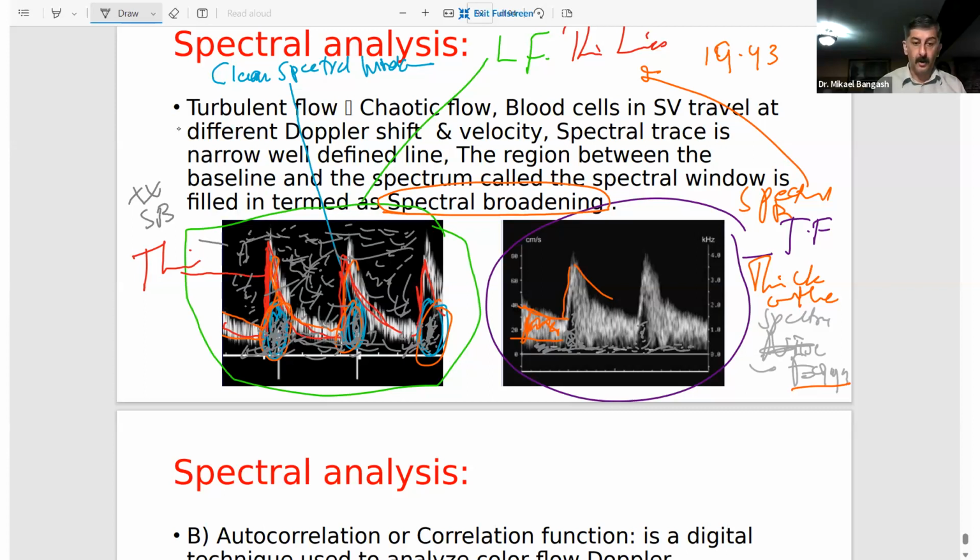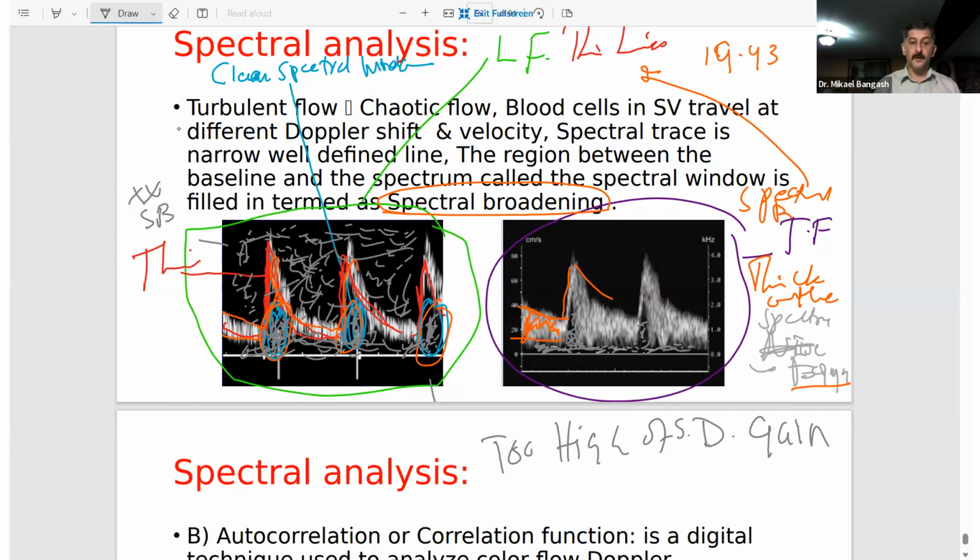This is mainly because we actually have too high of Doppler gain. Since this is on a spectral Doppler, we call that the spectral Doppler gain.